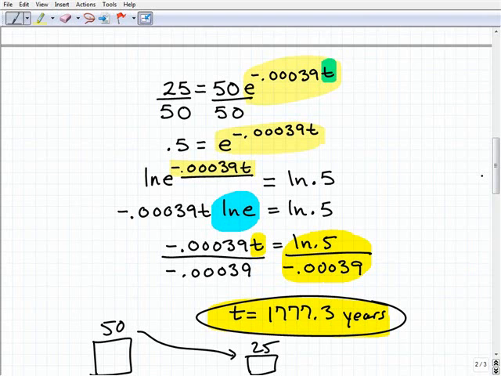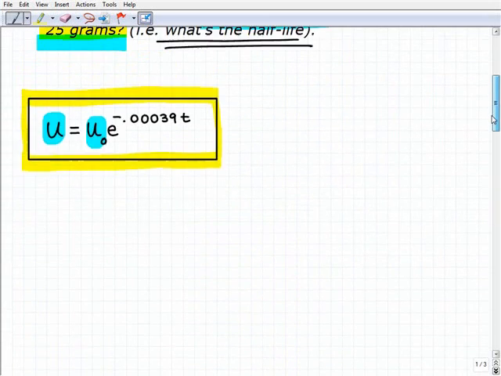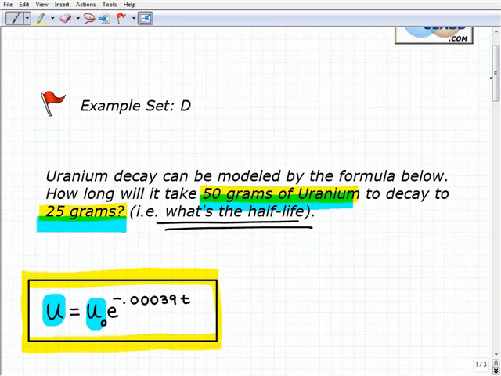But here you can see, once you know how to solve these exponential equations, they come in handy all over the place. So, uranium decay. Of course, we won't be around to see it. 1,777 years, pretty long, but that is the half-life. Keep working hard. Good luck.